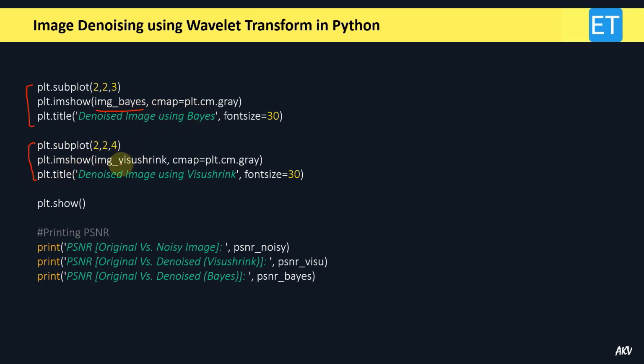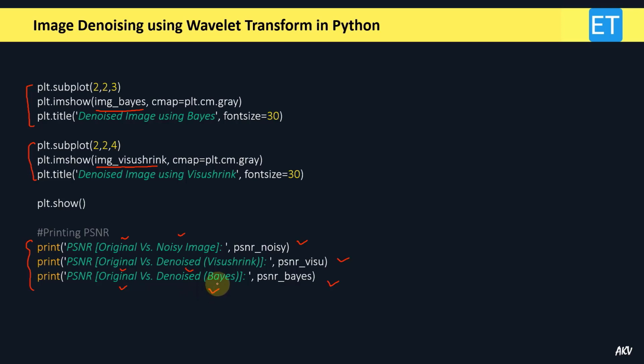And here I am plotting the denoised image which I am getting from VisuShrink. And here I am printing all three PSNR values, obtained between the original image versus the noisy image, original versus denoised using VisuShrink, and original versus denoised using the Bayes method.